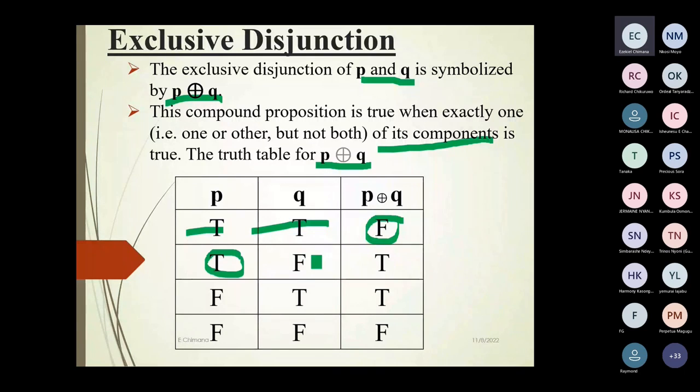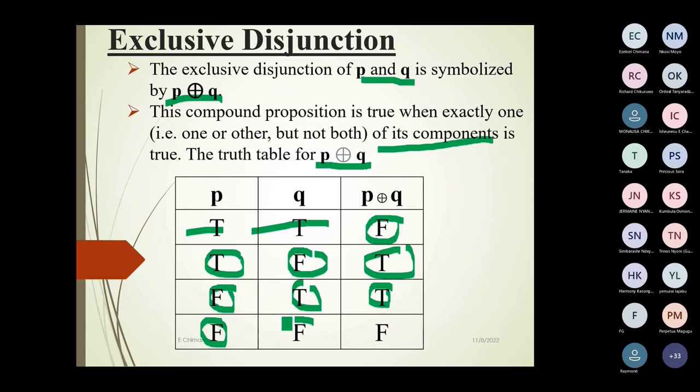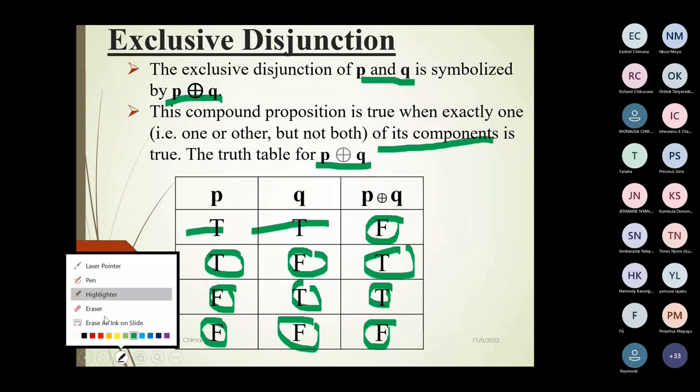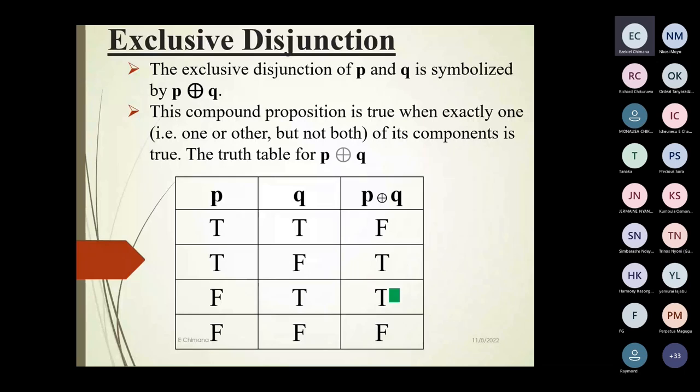If it is true here and a false here, it will give you true. If it is false and true here, it will give you a true. But if it is false and false here, it will give you a false. So it is only true when one of the inputs is true. Otherwise, it is false.